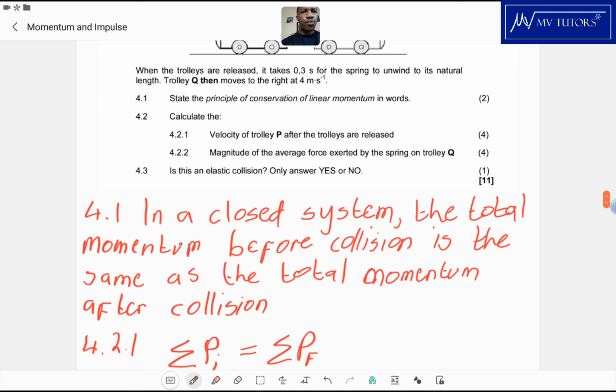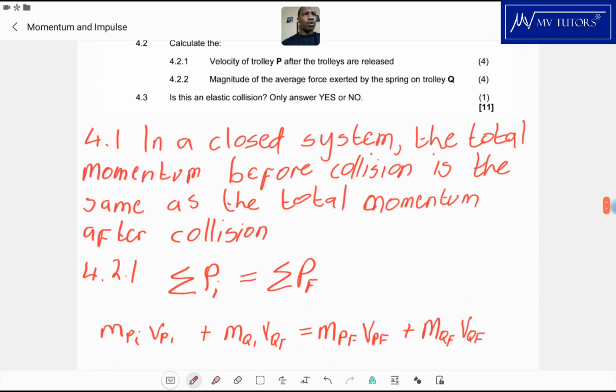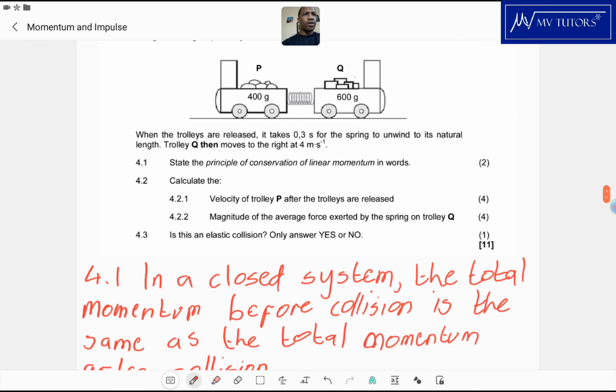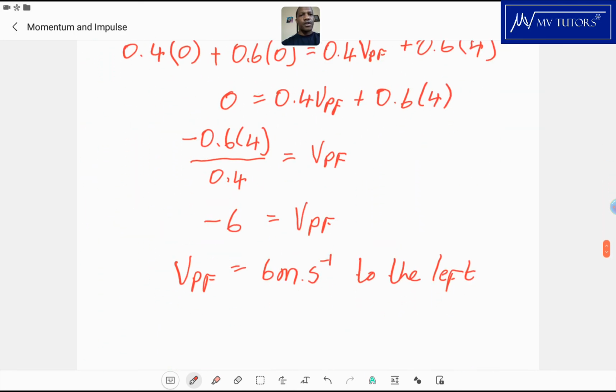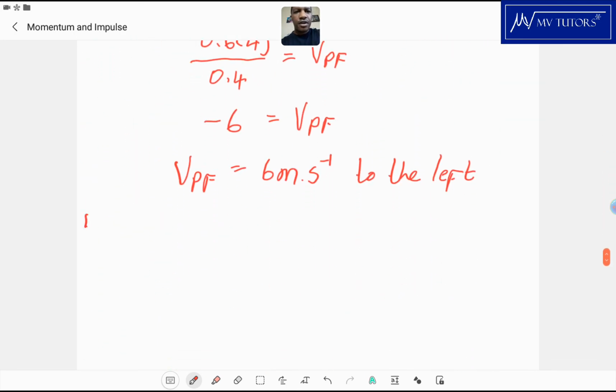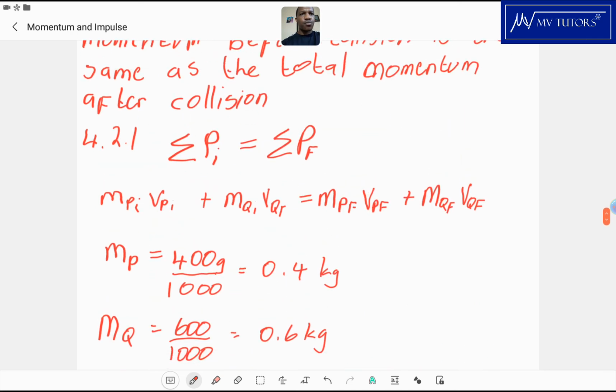And then 4.2.2 says the magnitude of the average force exerted by the spring on trolley Q. So we are talking about the force on trolley Q alone. If you remember that formula for impulse that we did, it's 4.2.2.